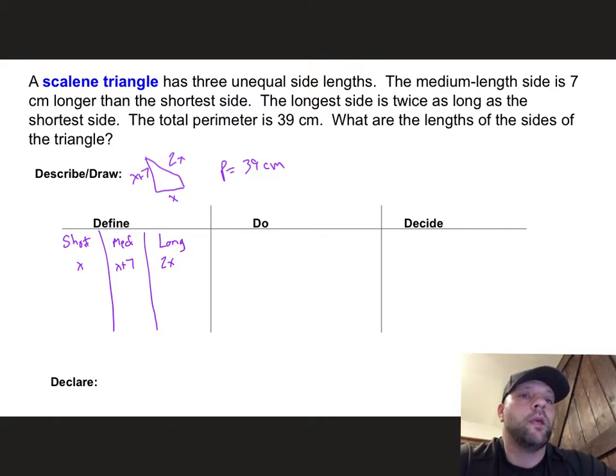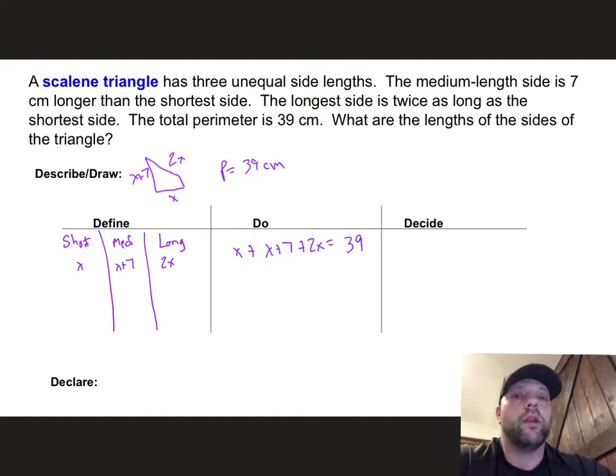Now when it comes to the do, here's where you can do your guess and check method and assign values to x. But in the do method, I'm going to use algebra, so I have x plus 7, x, and plus 2x, and that all needs to be equal to 39.